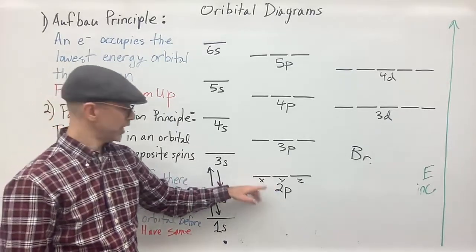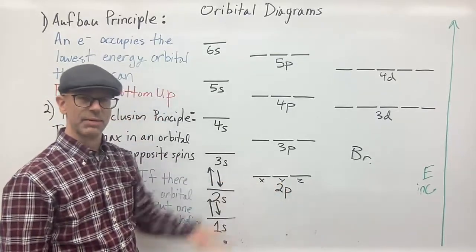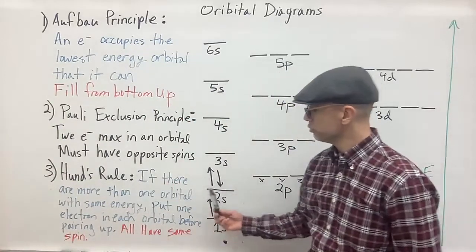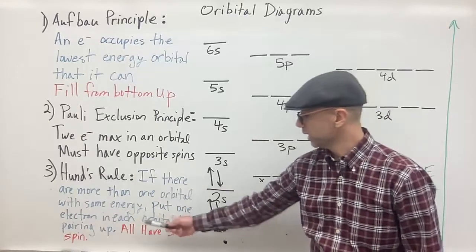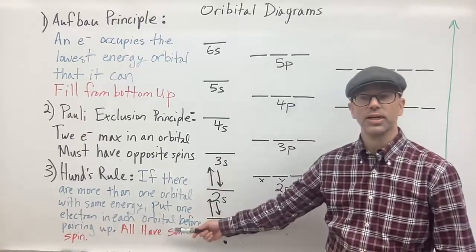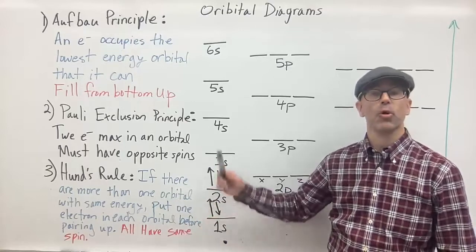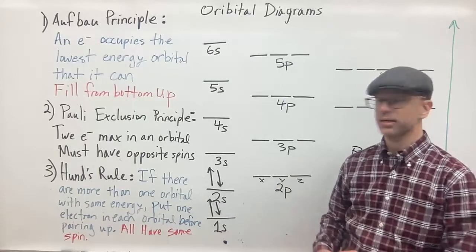So we have 3 p orbitals, px, py, pz, that are the same energy. So we need to follow Hund's rule here. Hund's rule says if there is more than one orbital with the same energy, we need to put the electrons in each one singly first before we pair them up. And they have to have the same spin.